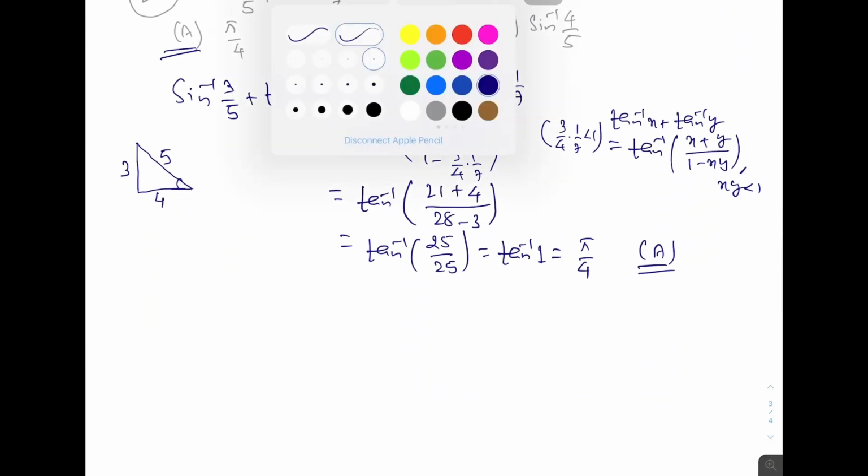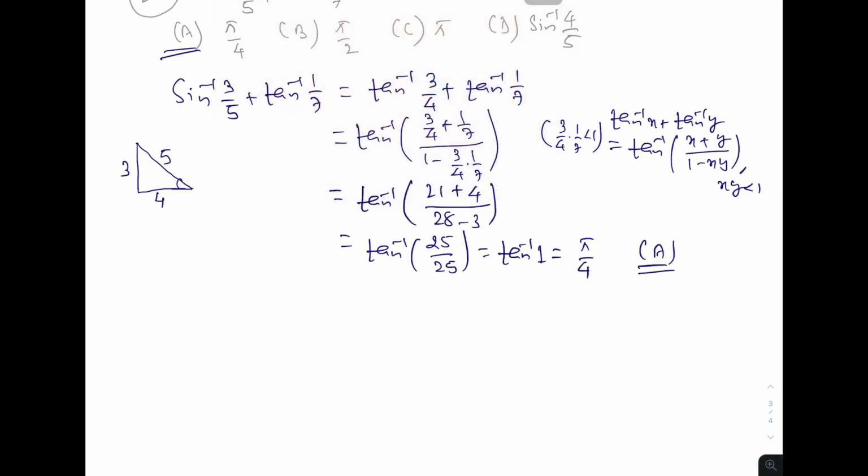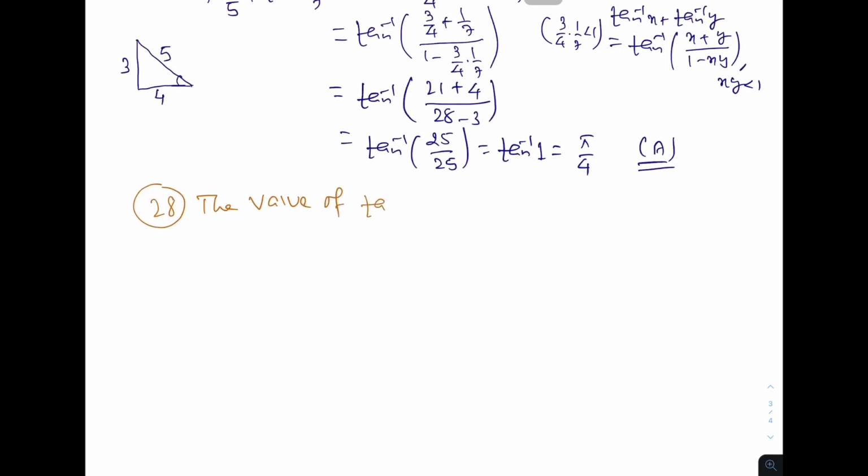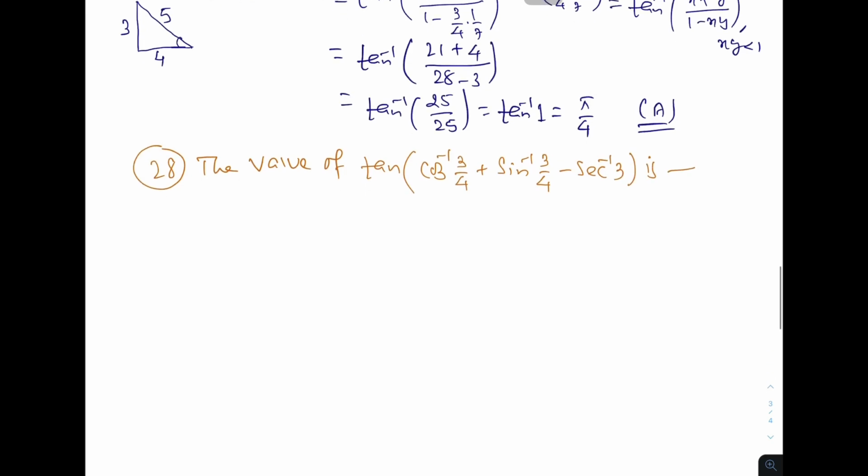Okay, now let us take one more example. The value of tan of cosine inverse 3 by 4 plus sine inverse 3 by 4 minus sec inverse 3 is blank.